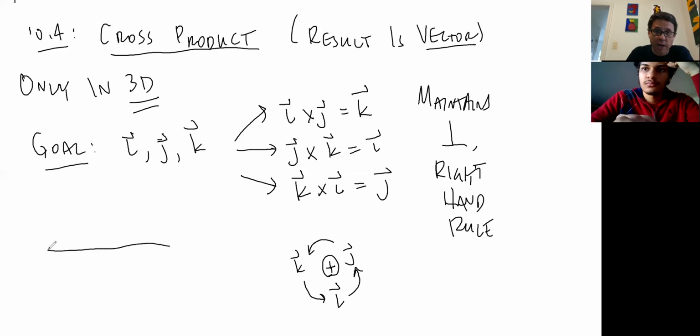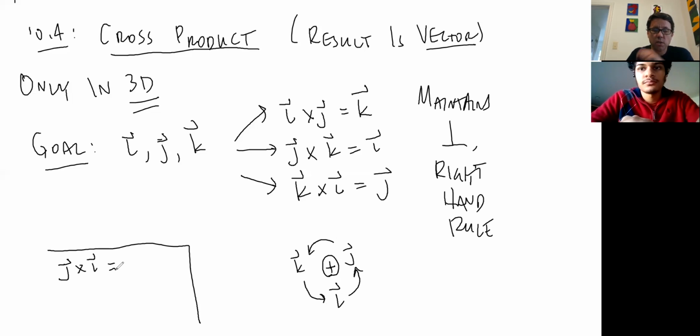Now, at the same time, if you reversed things and said j cross i, and you try to do this with your fingers, then they get reversed. So instead of wrapping in this direction, in order to maintain the right-hand rule, I have to turn things upside down. And when I do j cross i, my thumb is pointing down.